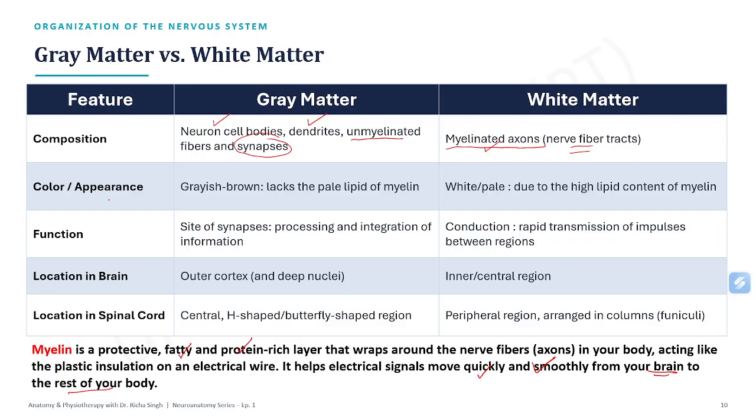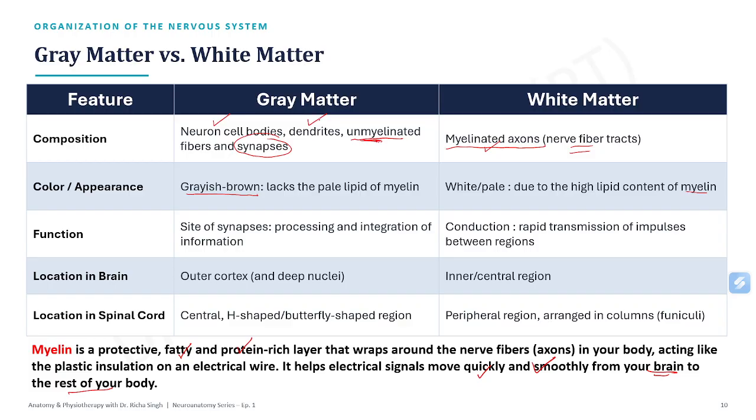Color and appearance wise, wherever the gray matter is present, it will appear grayish brown in color. Why? Because we have unmyelinated fibers here. Myelin attributes a kind of color to the neuron. The white color which we are able to see is because of the high content of myelin.